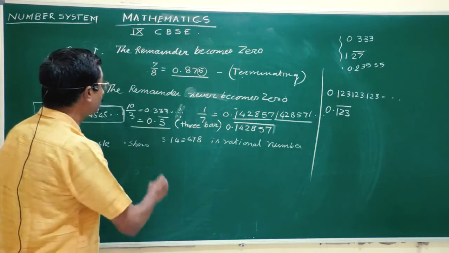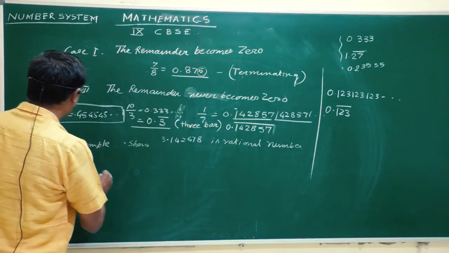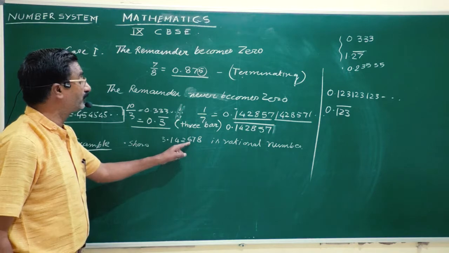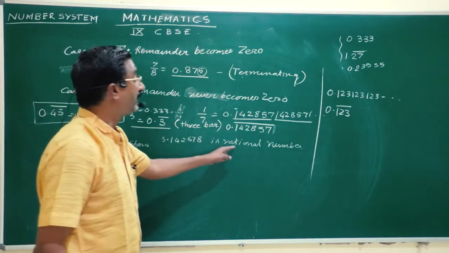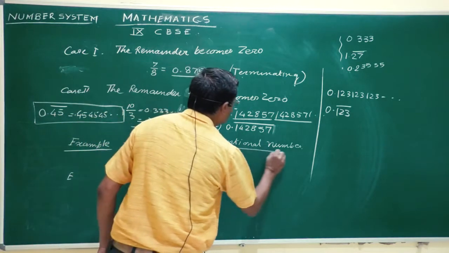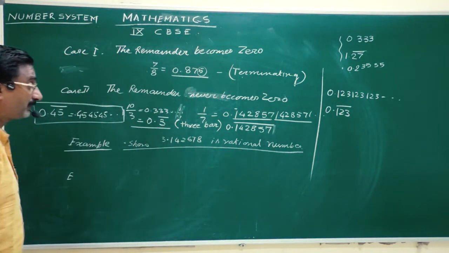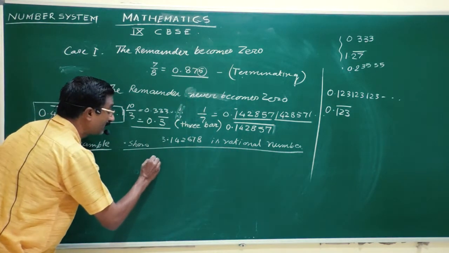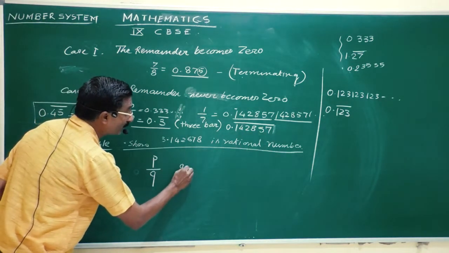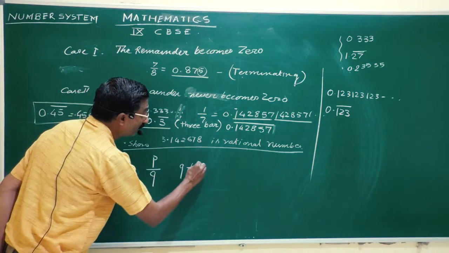Now there is one example in your book. Show 3.142678 in rational form. You have to write it in the form of P by Q, where Q should not be equal to 0.